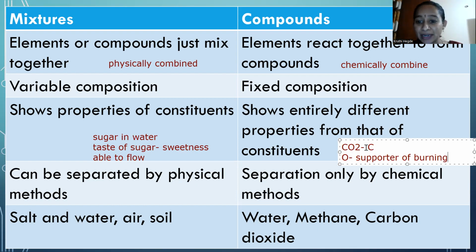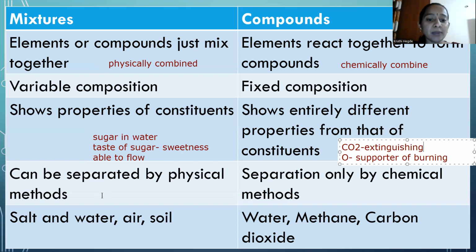But carbon dioxide is used for extinguishing fire, because it will put off the fire. So oxygen being a supporter of combustion is never shown in carbon dioxide. The original property is lost.